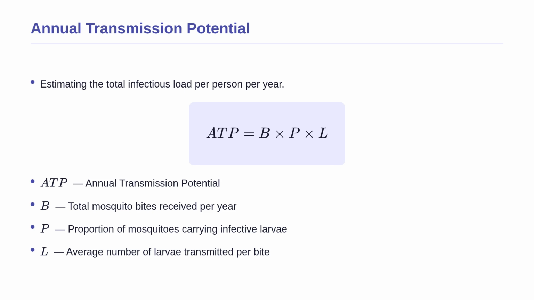P is the proportion of those mosquitoes that are actually infected. If P increases, the risk goes up. Finally, L is the average number of larvae delivered during each of those dangerous bites. Multiplying these together gives us the total annual infectious load.